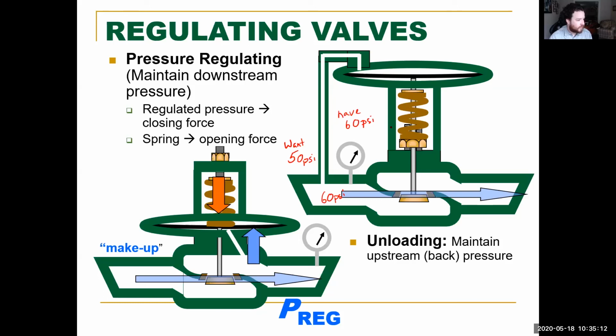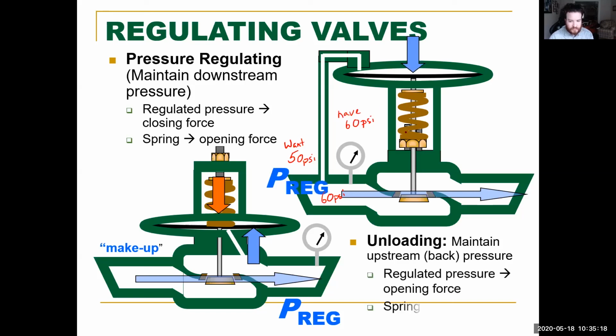Everyone see that? So the spring force is the closing force. The spring is set at 50 psi, whereas what's happening inside this pipe is going to be opening up that valve.